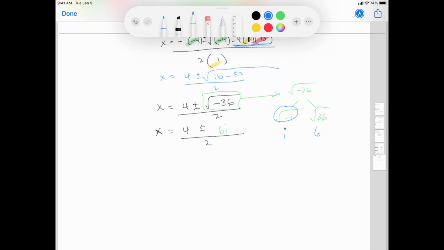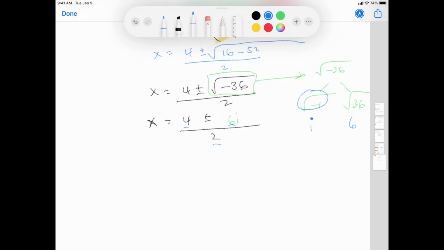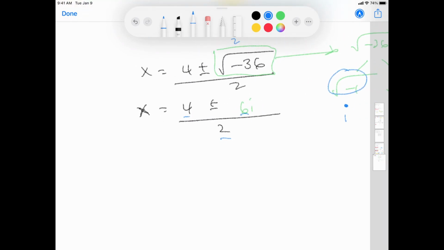Okay, so then you have to look at these coefficients and recognize that they're all even. So we're going to have to take out the GCF, which is a 2. So 2 times 2 plus or minus 3i, over 2 times 1.